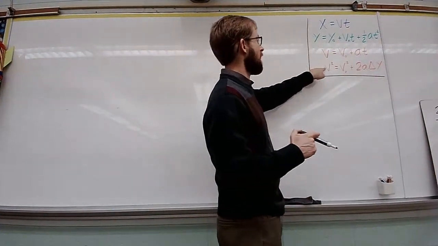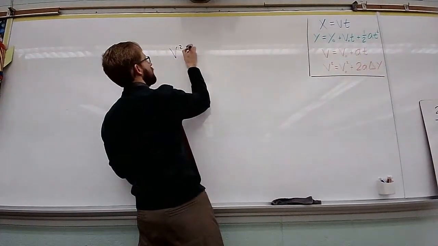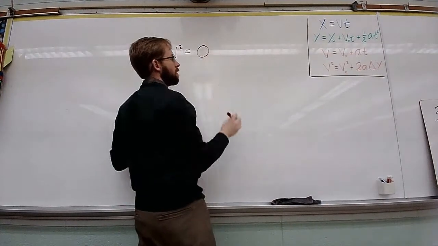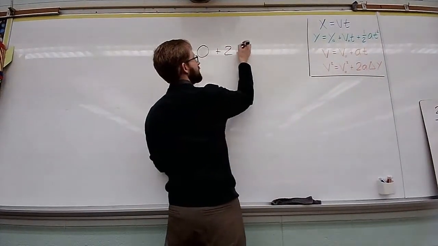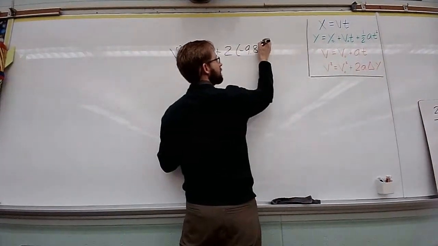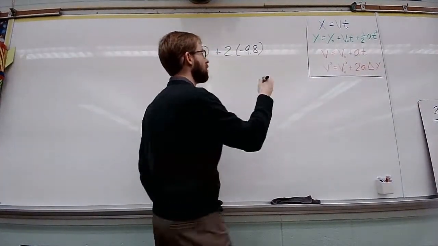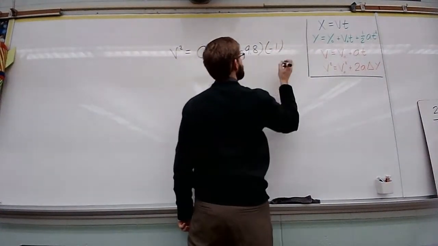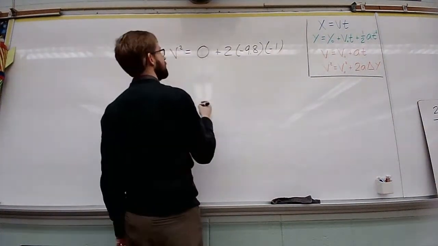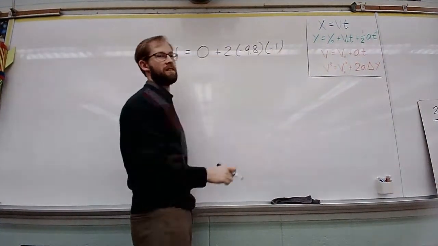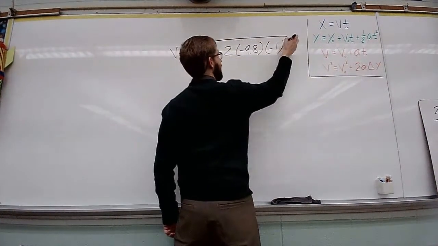We know that our original vertical velocity is 0. It's rolling horizontally off a table. Then we've got 2. Acceleration is negative 9.8. And my change in height is going to be negative 1 because I'm going down 1 meter. So that would be my expression. Of course, to get rid of the square, we erase it. But if we erase the square, we got to take the square root of the other side.